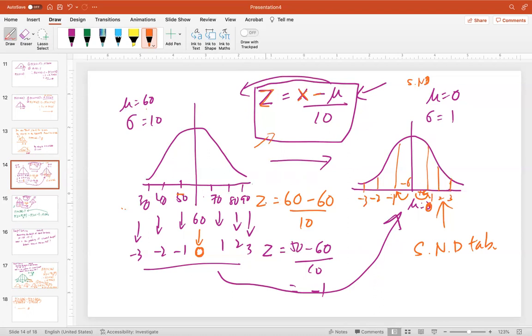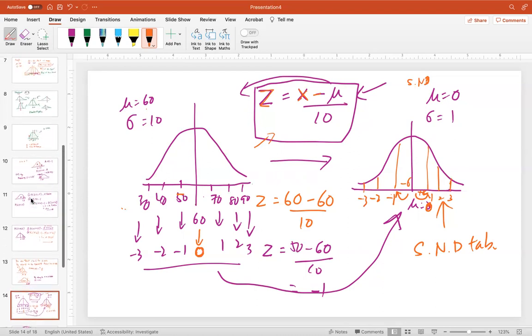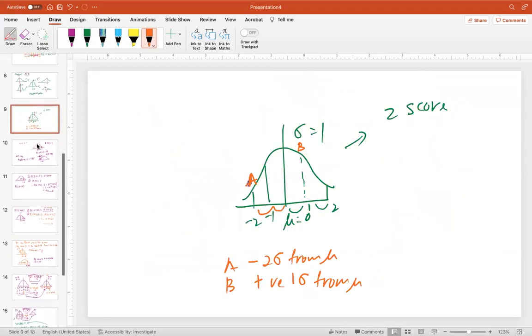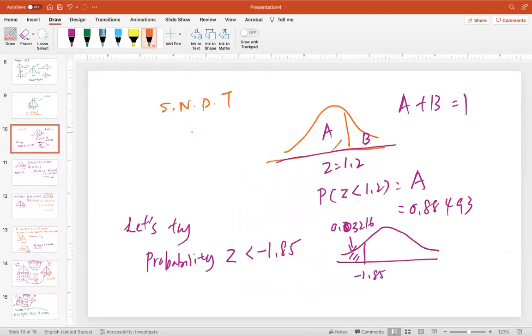The question is how we convert back from standard normal distribution to the normal distribution. But before that, let's have a look at how to determine some values from the chart first. For the standard normal distribution, like I mentioned, the table I showed you just now always shows your left side.